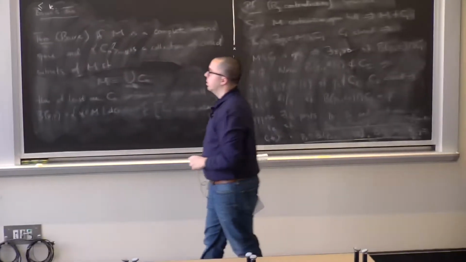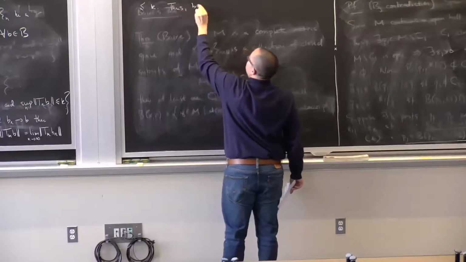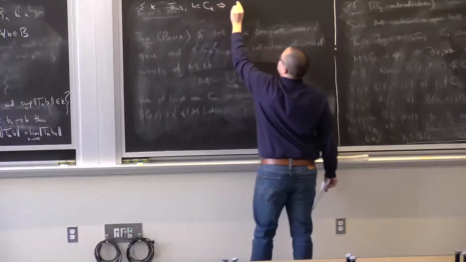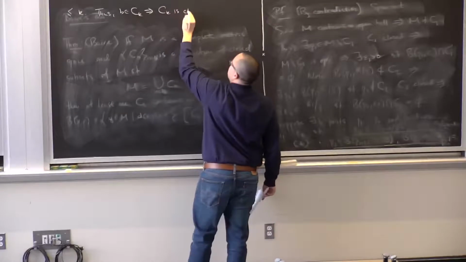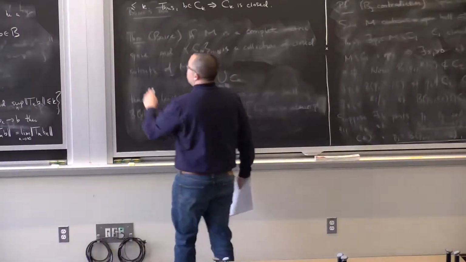All right? Thus, b is in C_k, which implies C_k is closed. Okay.